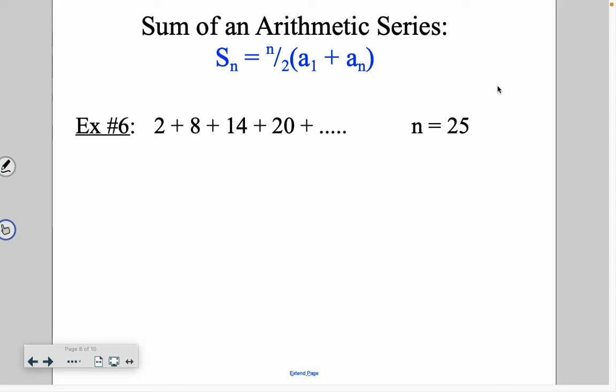Let's go right with the formula. Okay. So I am finding the sum of the first 25 terms. By the way, quick heads up as you're writing this down. If I asked you to find the sum of the first 5 terms rather than 25, would I use that formula? I would hope not. You already have 4, you just find the 5th one and add.